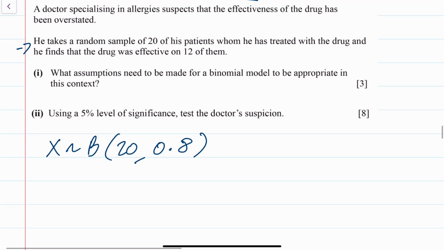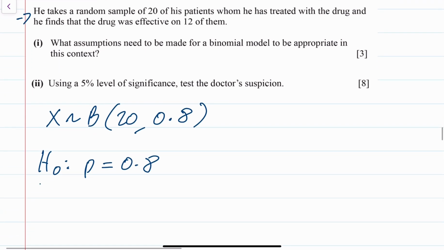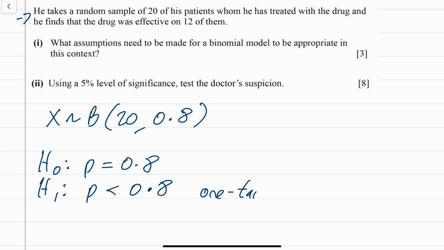In this one, let's say what our H0 is. Our H0 is that P is equal to 0.8, the default, but he suspects the effectiveness is overstated, so he doesn't think it is as successful as 80%. So he suspects P is less than 0.8, which means it's going to be a one-tail test.